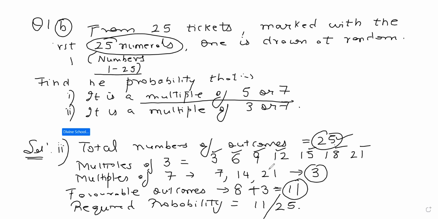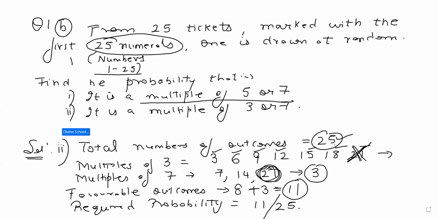So 21, if I'm counting here, there is no need to count 21 here. Because a ticket with the same number can't come more than once. So let's avoid 21 here. Because I'm already counting 21 here as a multiple of 7. So that means 21 should not be counted twice. It should only be counted once.